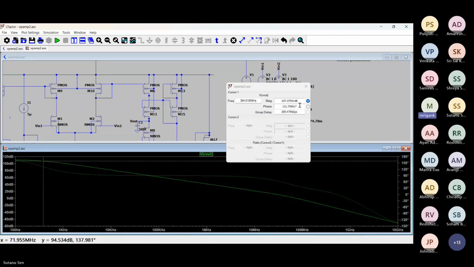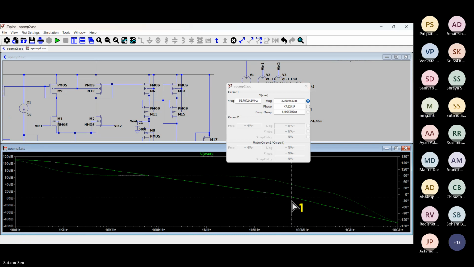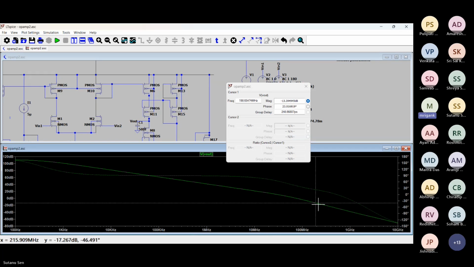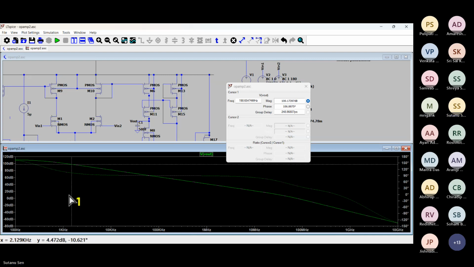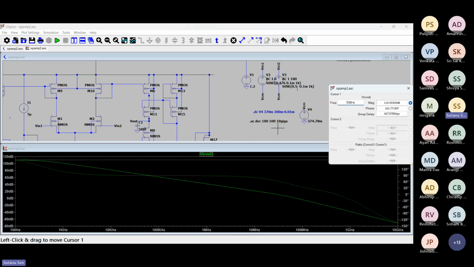So here, this is almost like going close to DC, almost 110 dB. Not origin. It's close to DC, zero frequency. Oh, yes, sir. It started from 100 hertz, so I need to sweep lower.